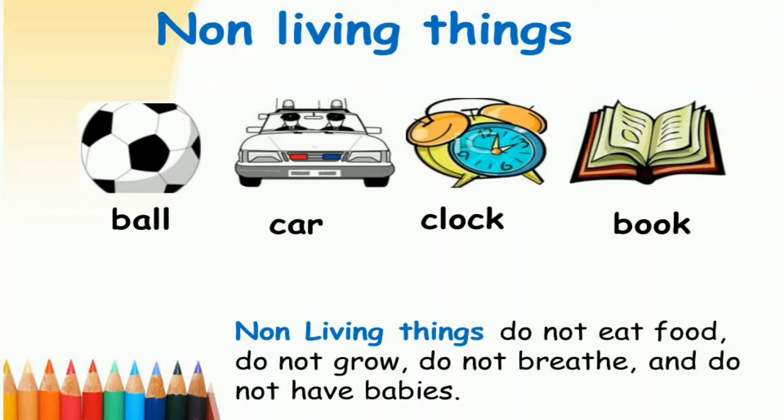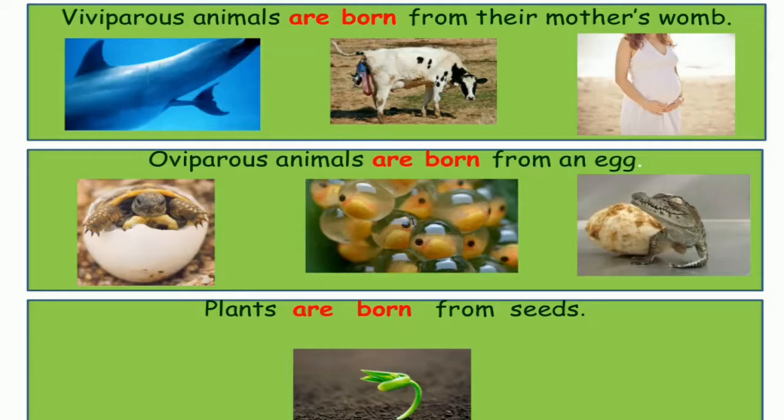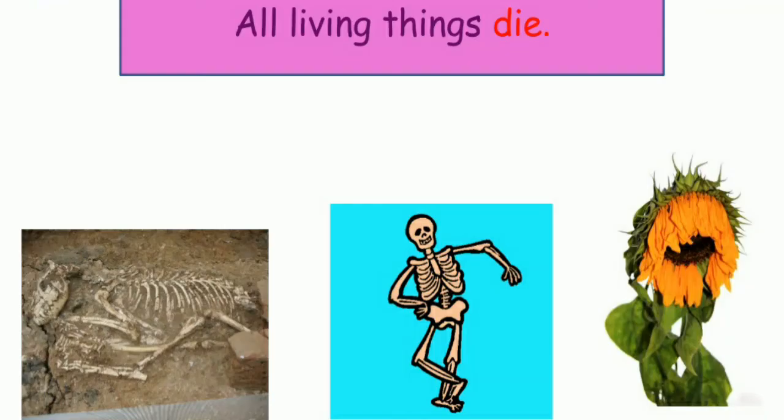So children, everyone can understand about living and non-living things. So we are going to learn in the next video what a living thing is and what a non-living thing is. Here we can see various types of living and non-living things, examples and also slides.